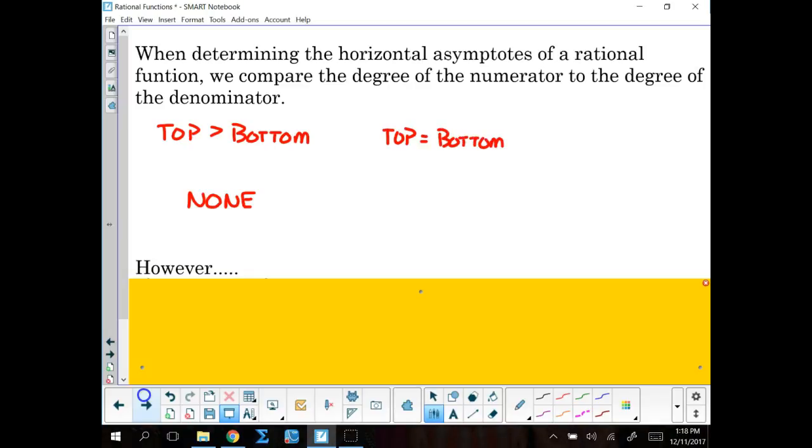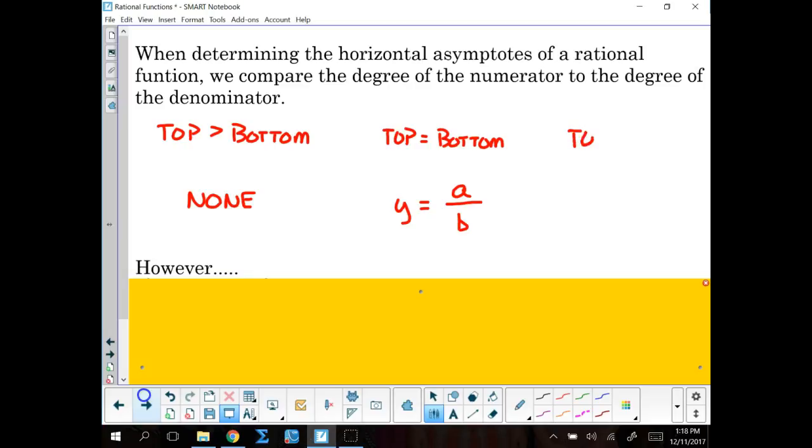What is my horizontal asymptote in that case? Y equals A over B? And where do I get that A from and where do I get that B from? The coefficients. Yep. Okay.